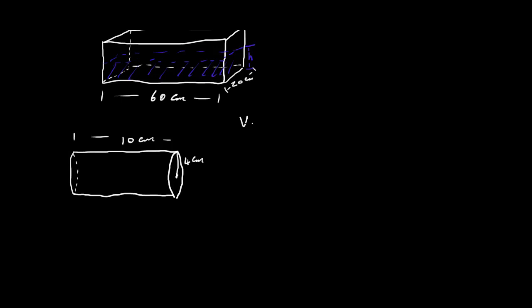So the volume of a cylinder is pi r squared h. In this case it's going to be pi times the radius squared, which is 4 squared, times the height of this cylinder, which is 10 centimeters. If you flip this up, you'll see that the height is 10 centimeters.